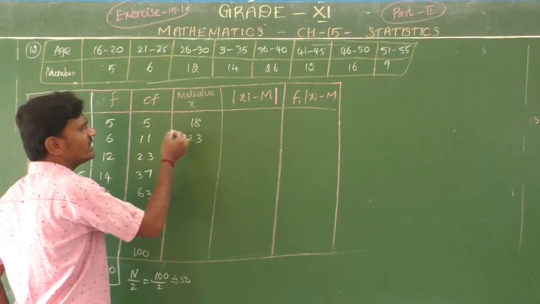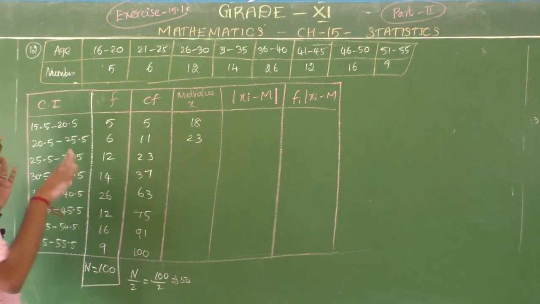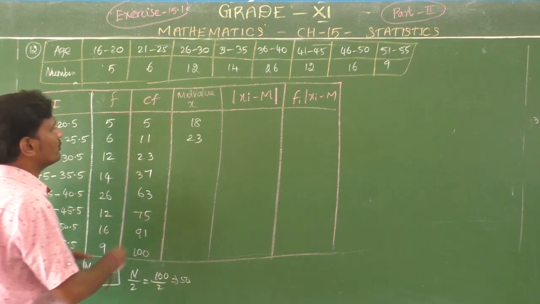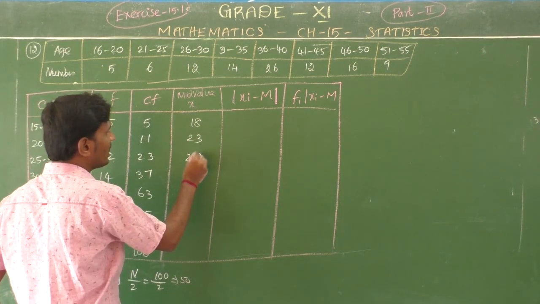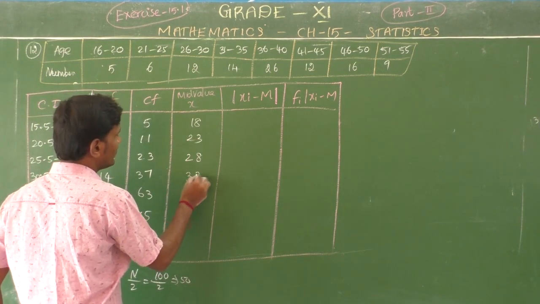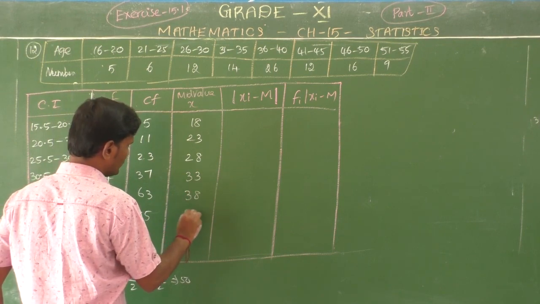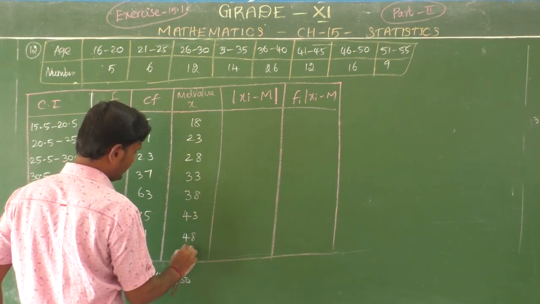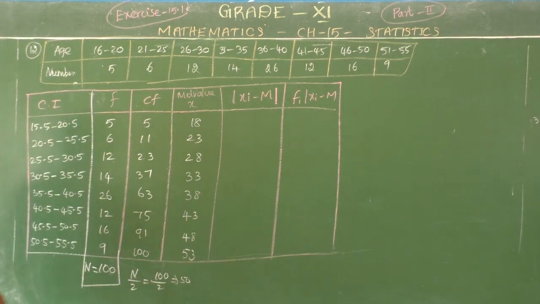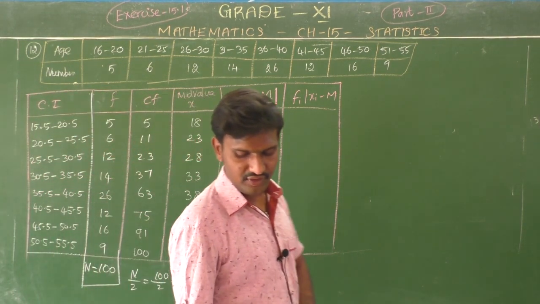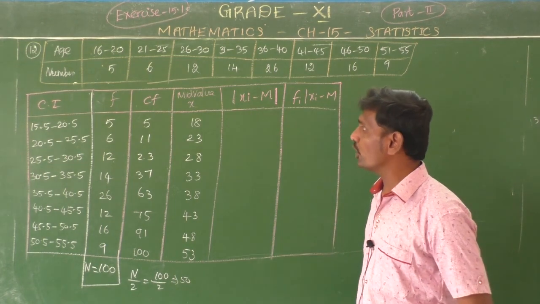After that it is very simple, since the class width is 5 only, add consecutively: 23, 28, 33, 38, 43, 48, 53. Finally you can check it: 50 plus 50 is 100, 106 means 53 only.